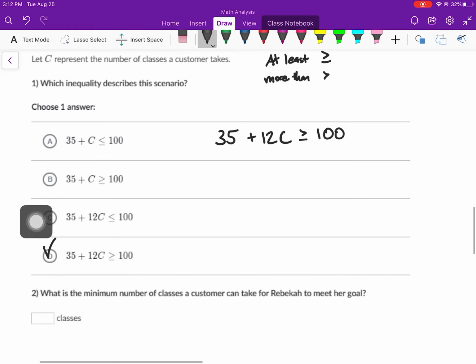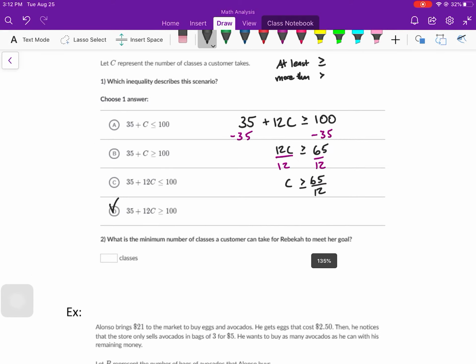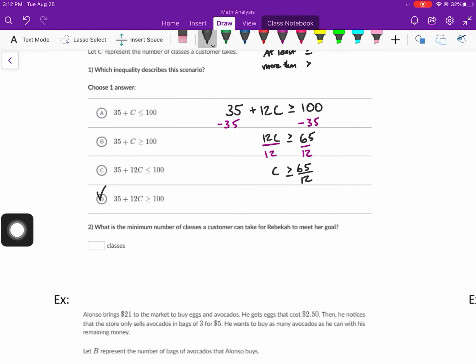And then now we have to solve what is the minimum number of classes a customer can take for Rebecca to meet her goal. So let's go ahead and solve this. So subtract 35. 12C is greater than or equal to 65. Divide by 12. And C is greater than or equal to 65 over 12. Now, is that the answer we can put in there? No, because that's a partial class.